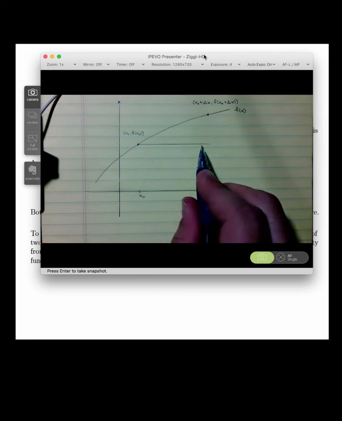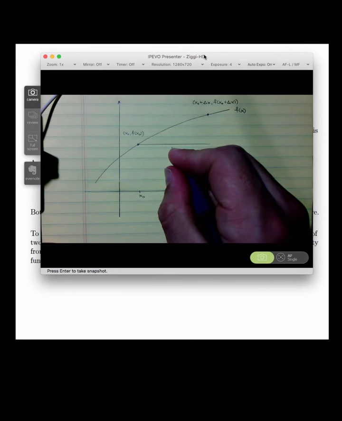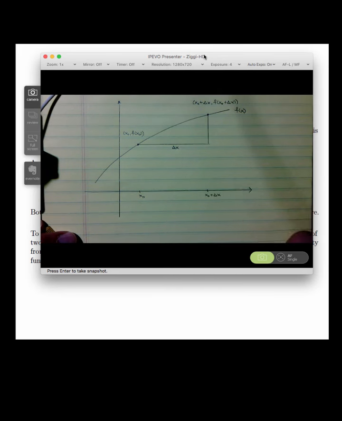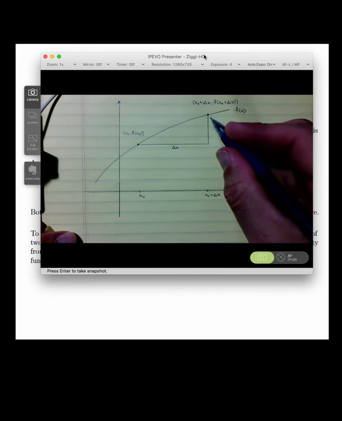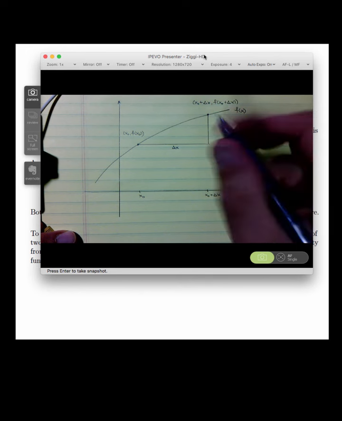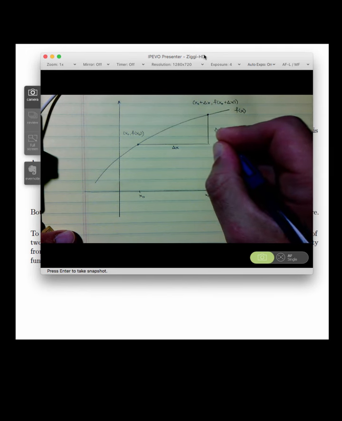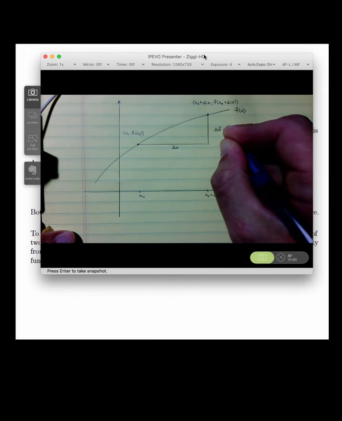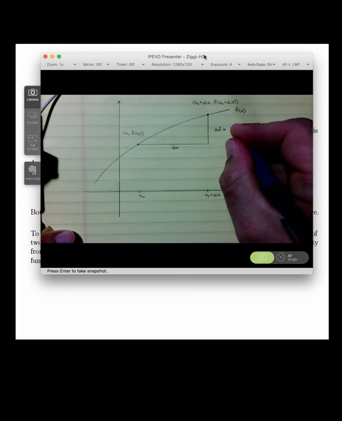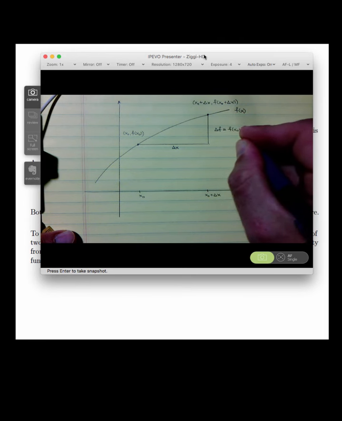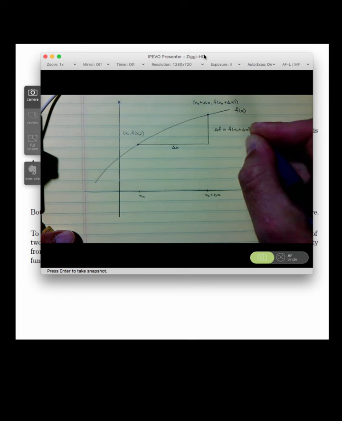The change in x values is represented by this horizontal segment. It, of course, is delta x. And the change in y values is represented by this vertical segment. It will be denoted by delta f, where delta f is f of x0 plus delta x minus f of x0.